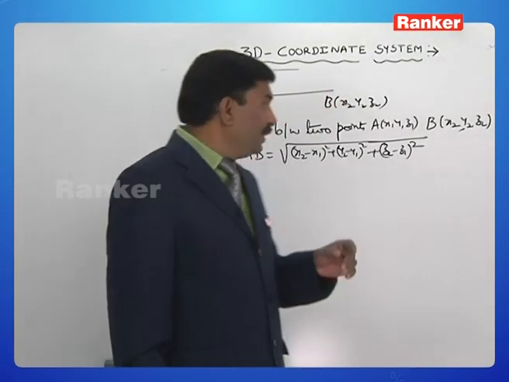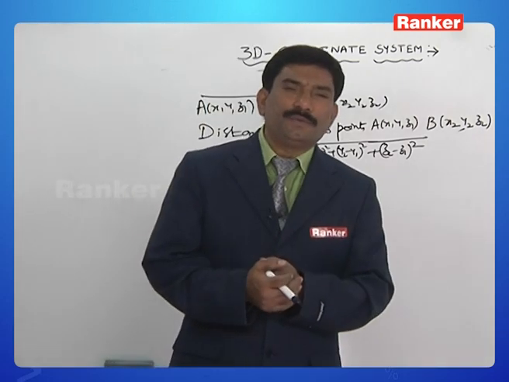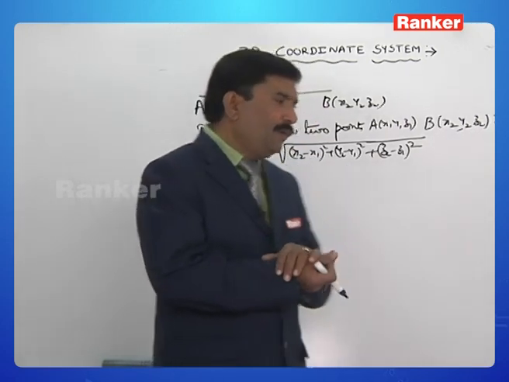So therefore, when you know the distance between two points, we can also find the ratio points. How is this?